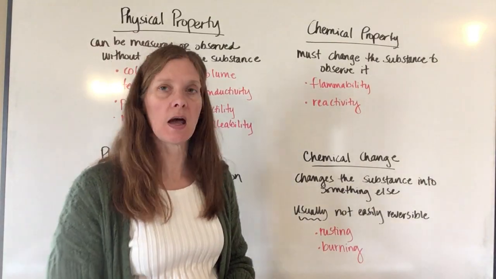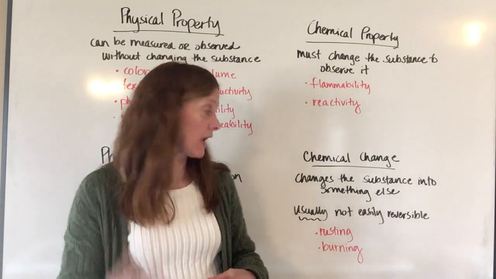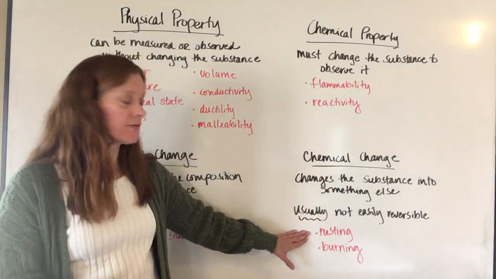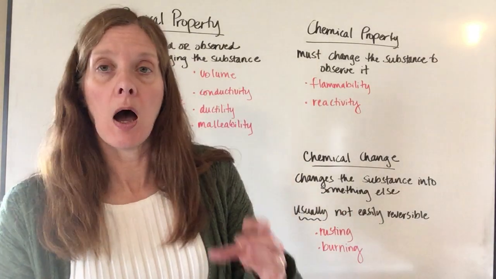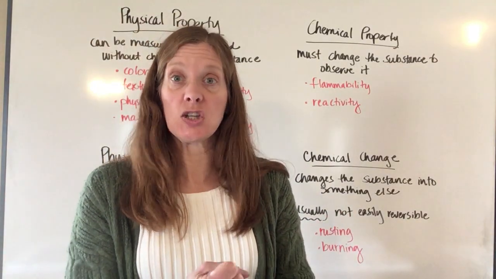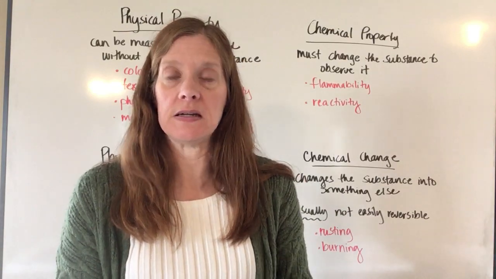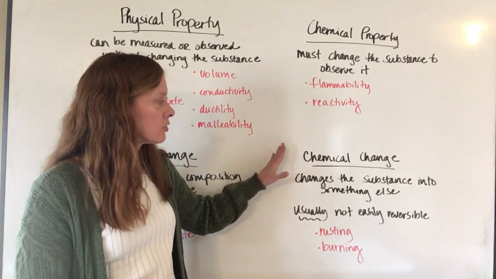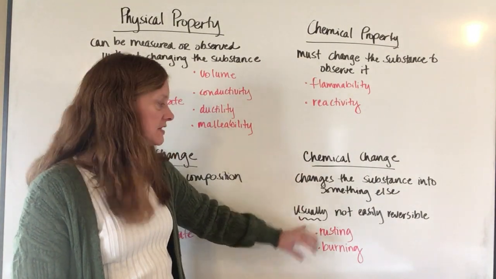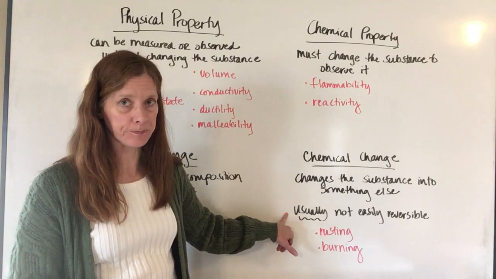It changes the candle wick on your birthday cake into something else. If you have a piece of metal and it rusts, you have then changed it from iron that is nice and good and strong into an iron oxide that is now very crumbly and isn't the same thing that you had to start with. So a chemical change changes your substance into something else, and usually it's not easily reversible.